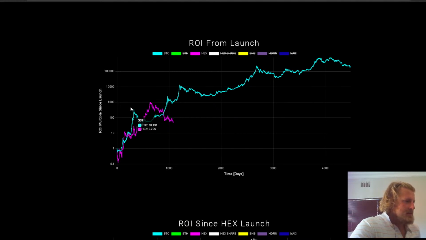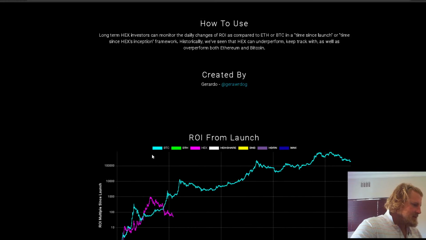So we did 1,000x returns, or what's that, 10,000x returns? This is the ROI multiple. So where Bitcoin topped out at 327% ROI multiple since the launch, Hex did 1,000, or is that 600?